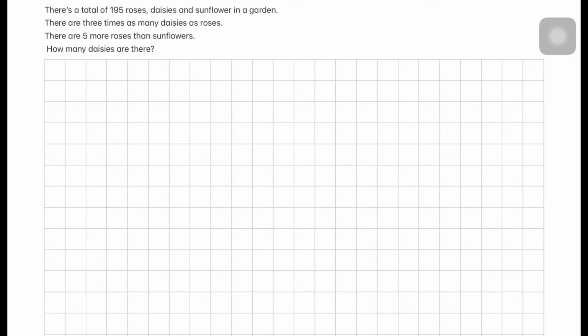There are 3 times as many daisies as roses. Can you imagine that? Which is more, daisies or roses? So since there are 3 times as many daisies as roses, the daisies are more. Can we try to show that in a model? How do we show 3 times as many?